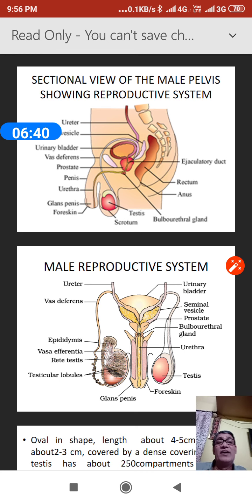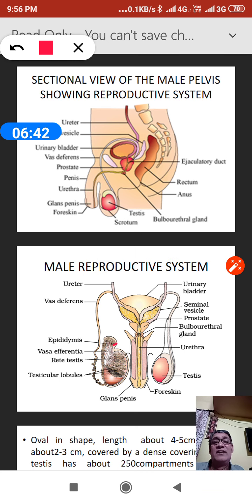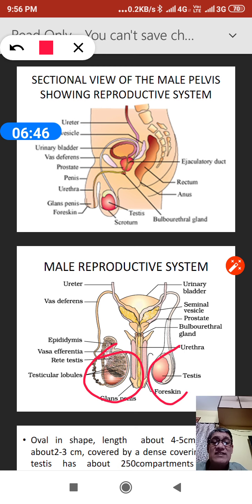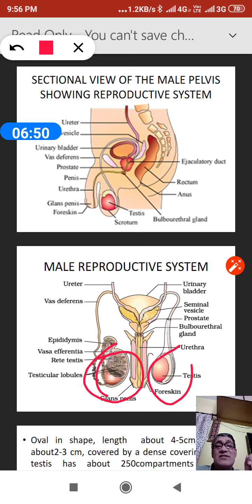Here the testes are clearly marked, and here is also the sectional view of the testes. We will discuss the different parts of the testis. Next, the ducts, first the vas deferens, and the different glands: bulbourethral gland, prostate gland, seminal vesicle, and ultimately the urethra.